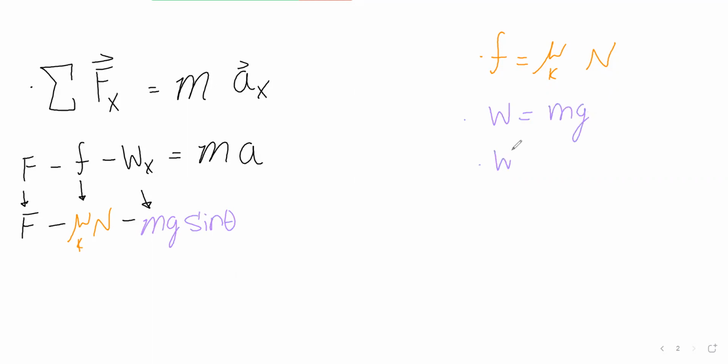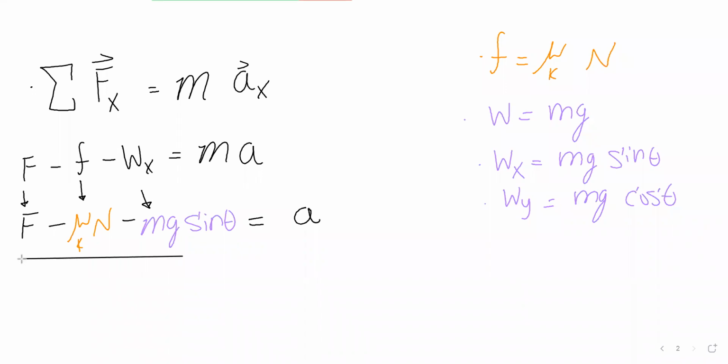On an inclined plane, wx is always mg sine theta. wy is always mg cosine theta. So those are like your formulas for an inclined plane. Now this expression would equal to ma, but I'm going to divide both sides by m, because our goal is to find acceleration.